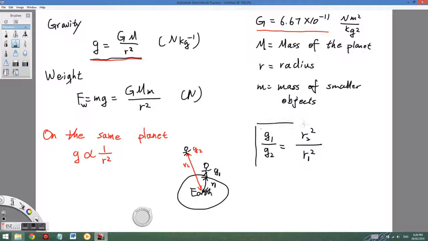Write down this equation in your cheat sheet, and make sure to mention that it only works on the same planet. It will be different if one person is on Earth and the other is on Mars.